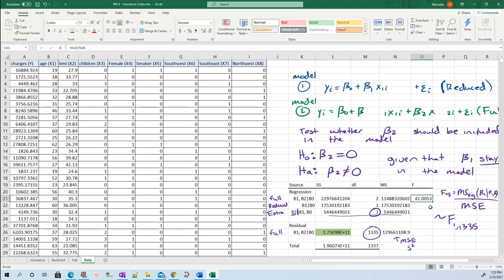So what's the p-value associated with this F statistic? Let me write it here: p-value equals, type in equals F.DIST.RT, the F distribution, always right-tailed, and x is just whatever your F statistic is. Degrees of freedom in the numerator is 1, degrees of freedom in the denominator is 1335. Close parentheses, and press enter.